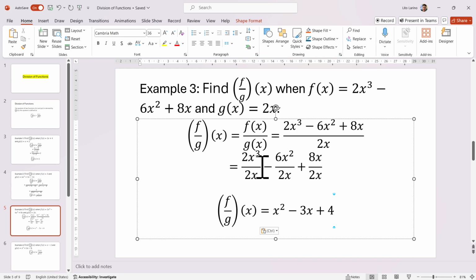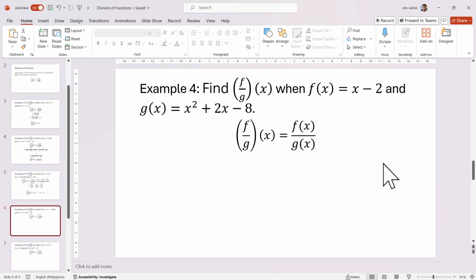That is x cubed divided by x is x squared, x squared divided by x is x, and x to the 1 minus 1 is x to the 0, which is 1. So we have 2 divided by 2 is 1, 6 divided by 2 is 3, and 8 divided by 2 is 4. This is the quotient.